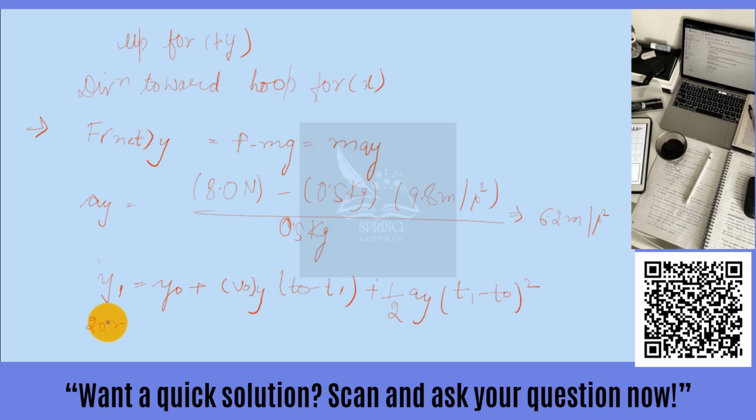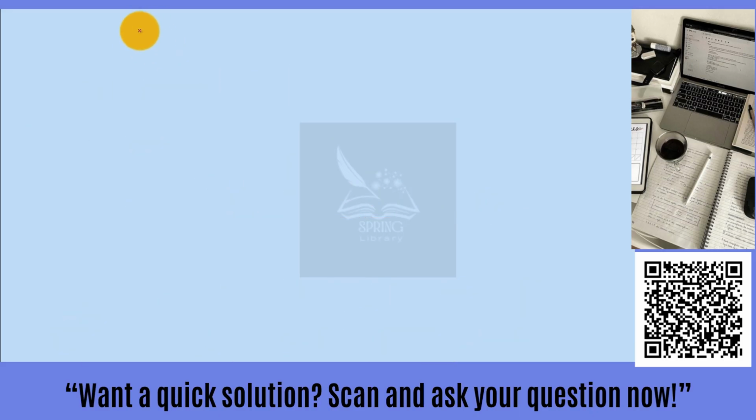We get 20 meters equals 0 meters plus 0 meters plus half of 6.2 meters per second squared times t1 minus 0 seconds squared. We get 20 meters equals 3.1 meters per second squared times t squared. We get t1 equals 2.54 seconds.